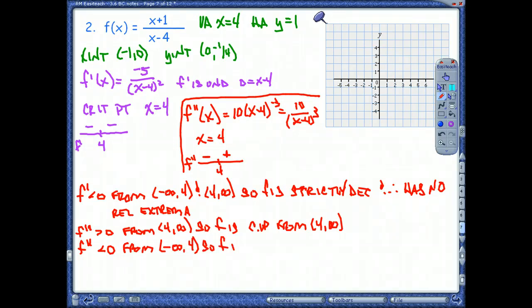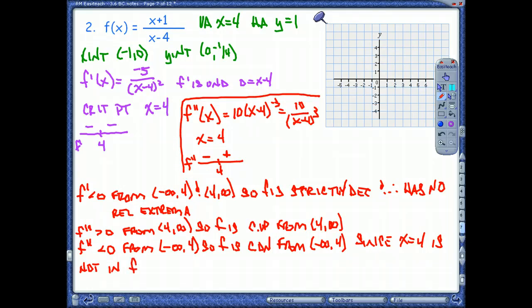So f is concave down from negative infinity to 4. Since x equals 4 is not in our domain, there are no points of inflection.